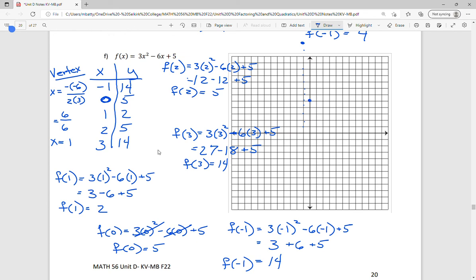Our vertex, which is going to be a minimum, this is happy face, of 1 and 2. And then these should be symmetrical. Way the heck up there. Close counts. We're trying to just sketch this and get an idea of where it is, but that would be my final one, kind of on the XY coordinate plane.